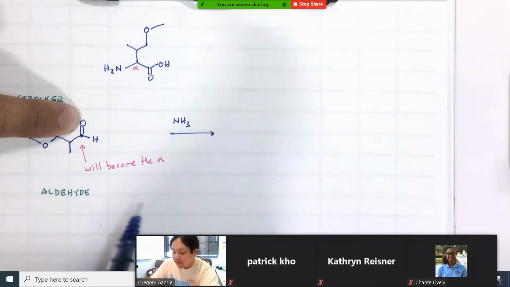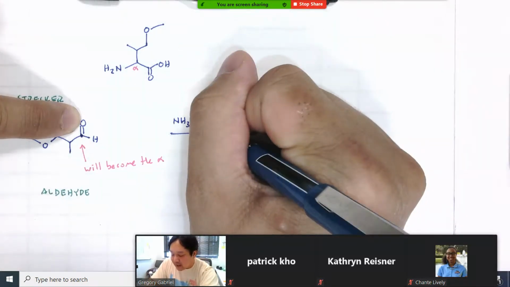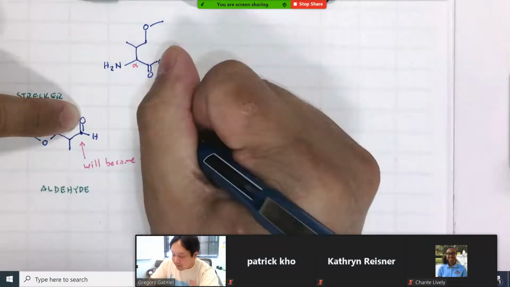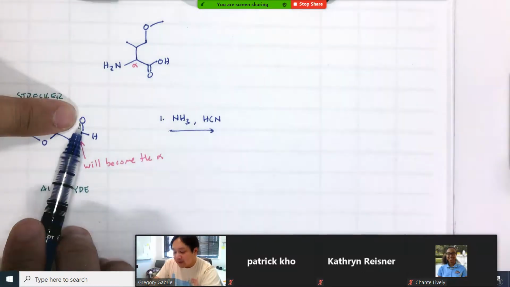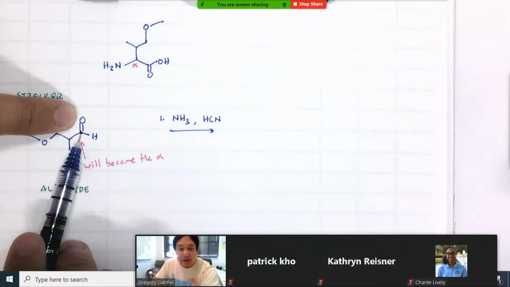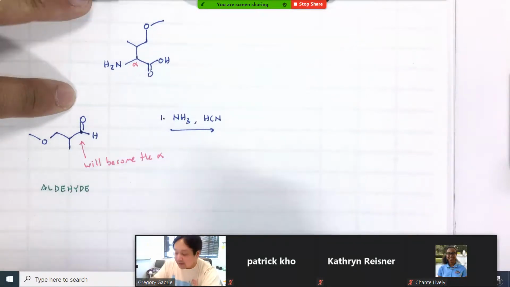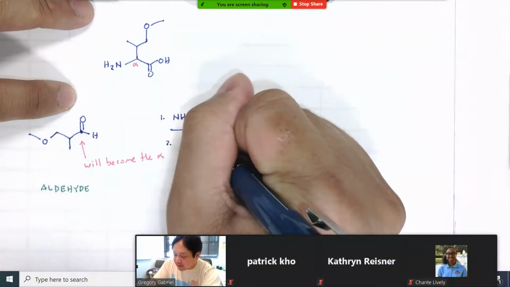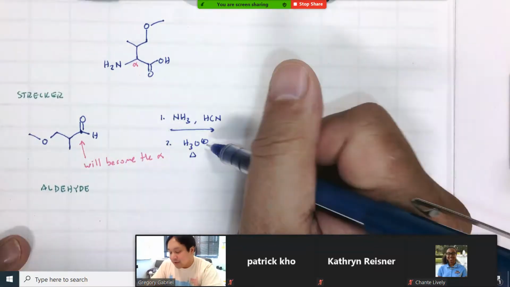That carbon is coming from the cyano group. So you could do KCN, HCN, but I'm going to do HCN, number one. That takes care of putting the nitrogen here and a CN group also on the dot. But I have to hydrolyze that CN group to make it a carboxylic acid. That's why your second reaction should be hydrolysis. I think I normally put heat. Sometimes I put H2O and HCl.